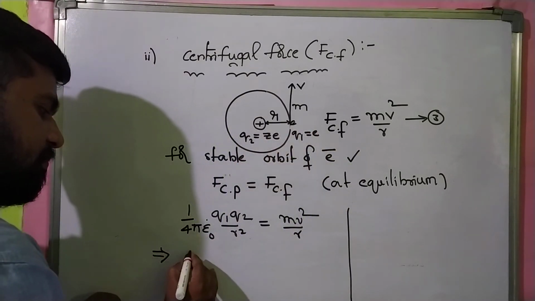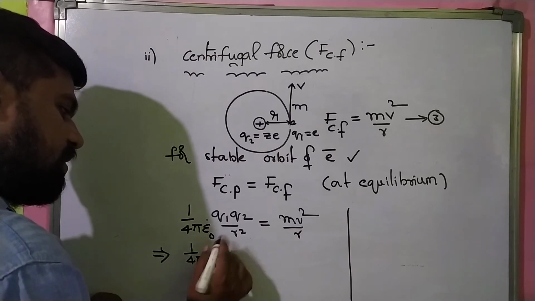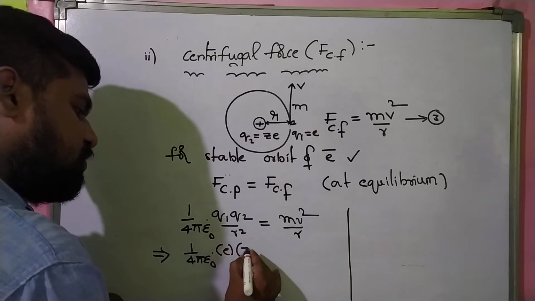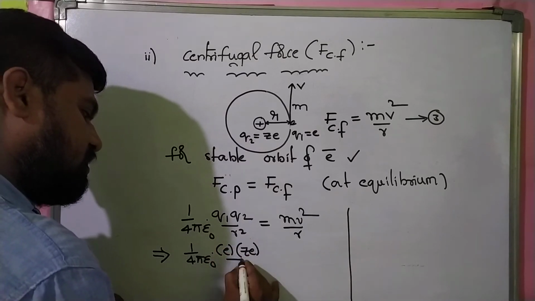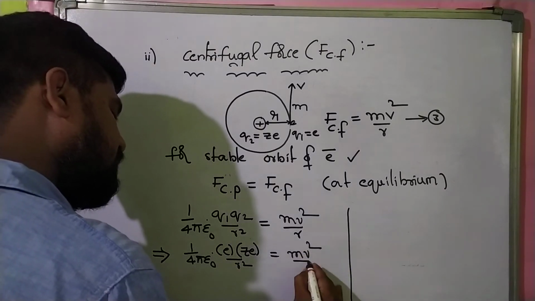Now we will get 1 by 4 pi epsilon naught, q1 means e, q2 means Z into e, by r square, so that equals mv square by r.